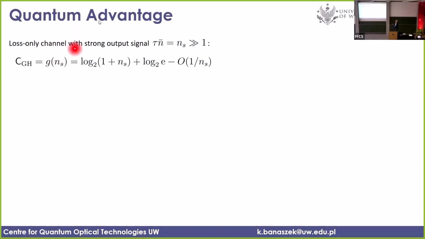And if we assume that our signal is strong, then it admits a very nice expansion in terms of the inverse of the signal strength. In the first term, we simply recognize the Shannon two-quadrature capacity with shot noise limited detection, and we get a constant advantage of 1 nat, log 2e, units of information per channel use.